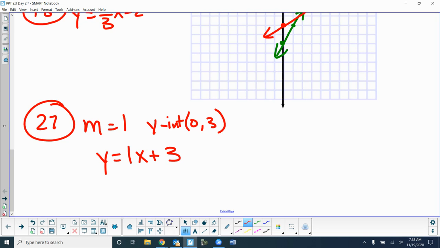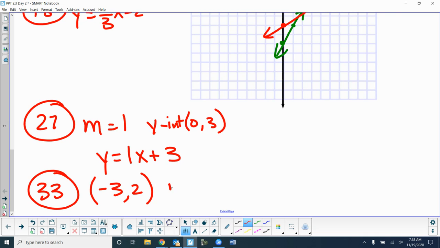33, you'd have to do like we just did for warm-up. We gave you a point and a slope. The point they gave you was (-3, 2), and the slope was negative 4.